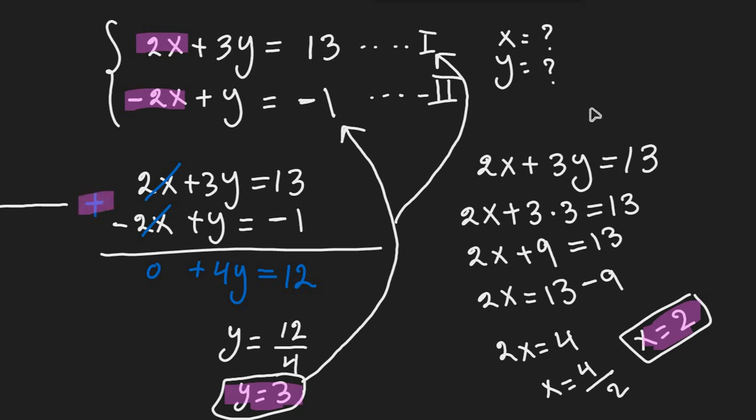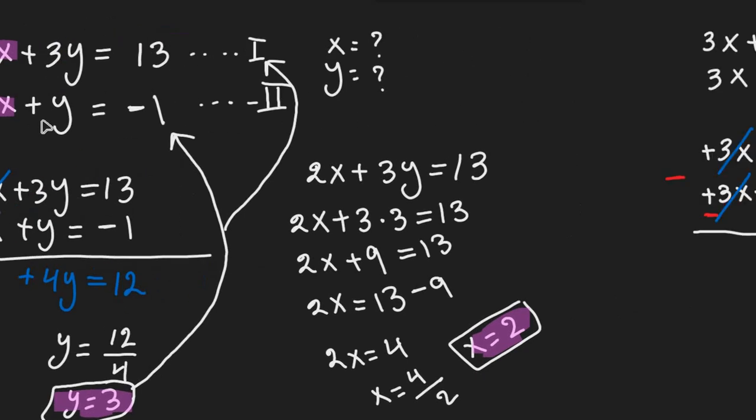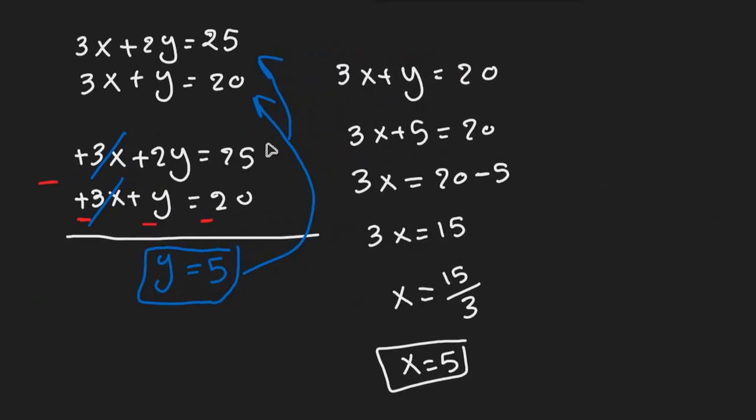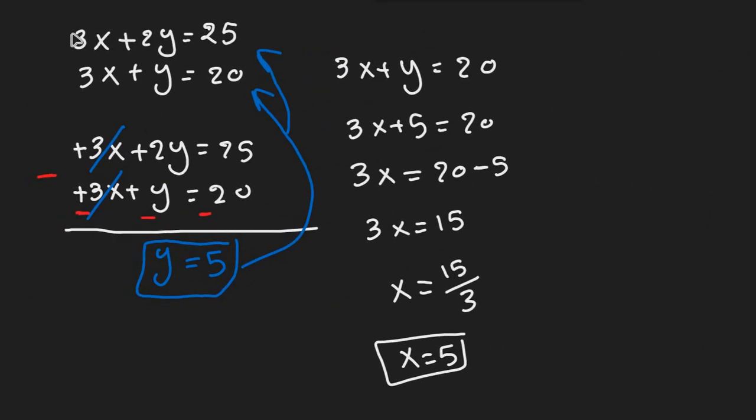If the parts that we want to eliminate are the same, both of them positive, look here, positive 3x and 3x, so we have to subtract. Even if they are negative, for example, negative 3x and negative 3x, again we have to subtract.